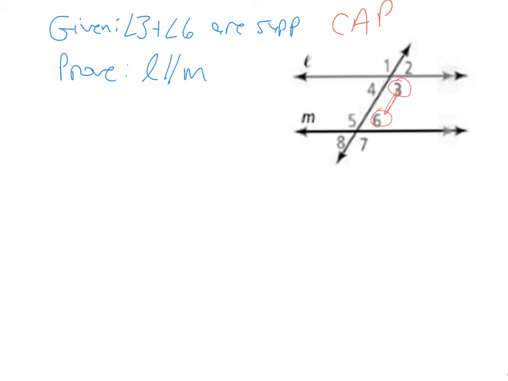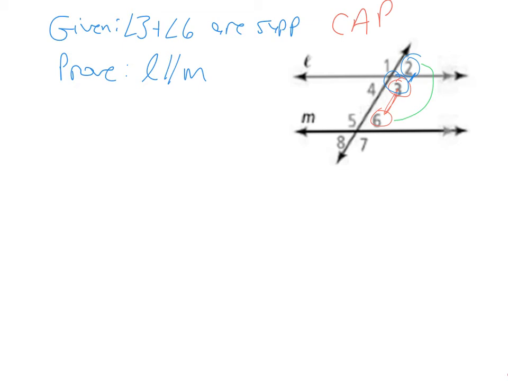Or we could also talk about 3 and 2 being supplementary, a linear pair, and I like that idea because if I can show that these two are supplementary, you need to ask yourself then, do I have a connection with 6 and 2? What can I say about 6 and 2? They look like they're the same, so we have to start thinking, well, if I know that 3 and 6 are supplementary, and I know that 3 and 2 are supplementary, how can I say then that 2 and 6 have to be the same? That's got to be a bit of our game plan here.